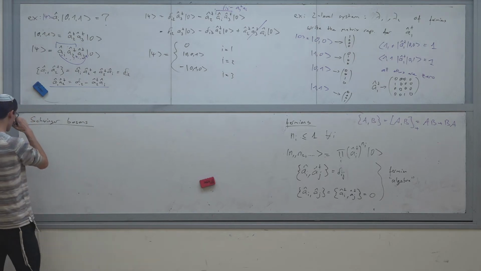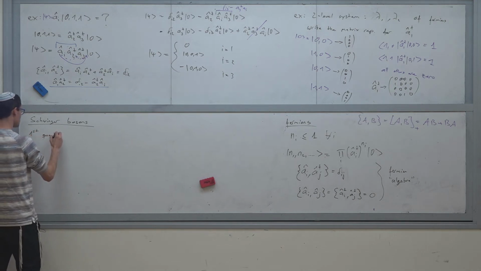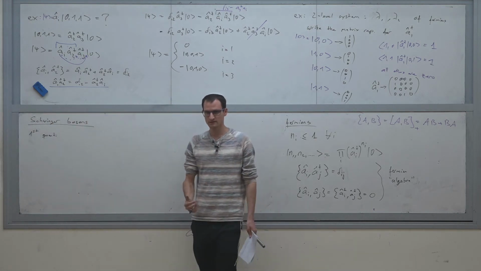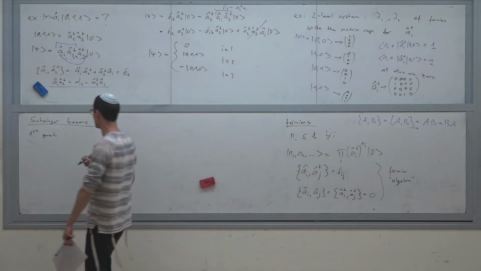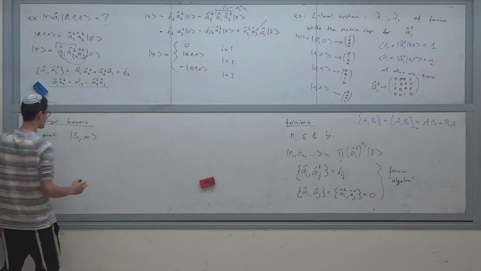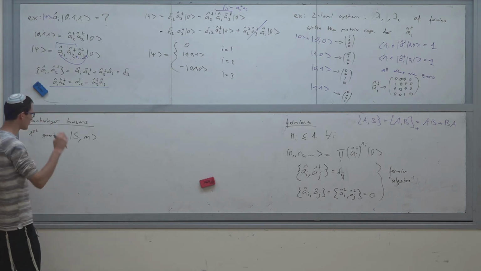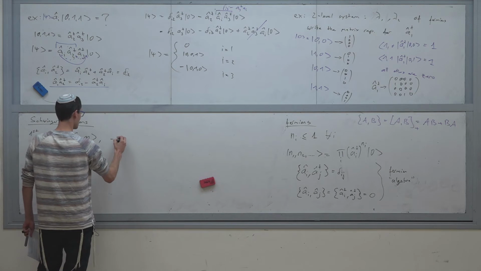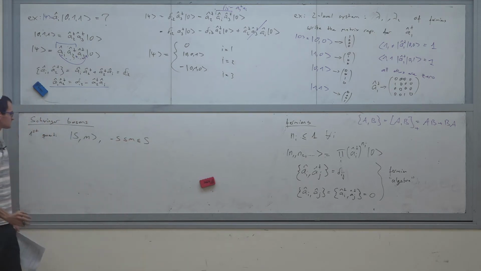So in QM1, first quantization, you spoke about a particle with spin. We're going to think about a single particle, just one particle, and it has spin s, so its states are |s, m>, where m is the z component of the total spin, and of course m is between plus and minus s.